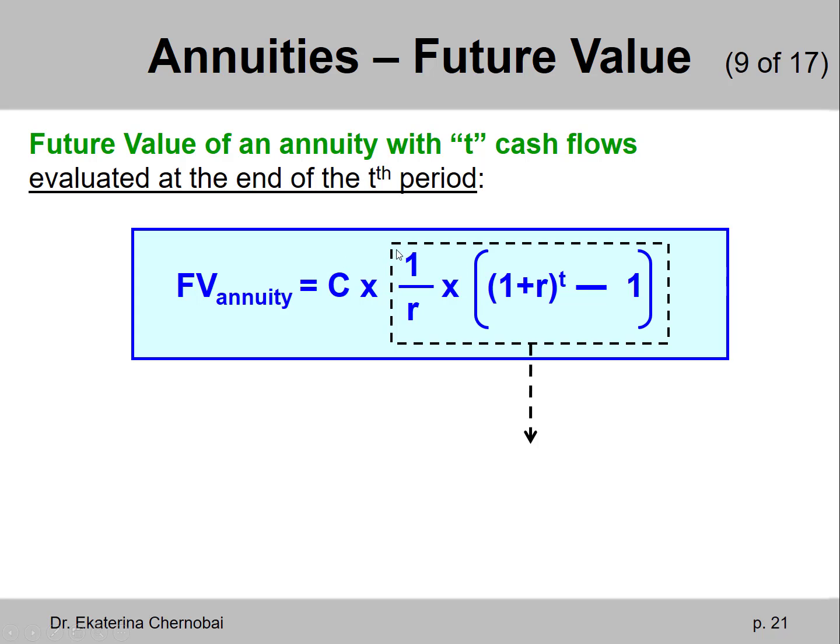The way this formula is written, it uses a multiplication factor: the cash flow that's repeating times something else.